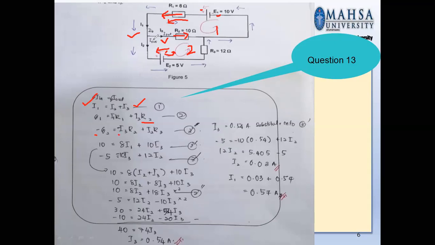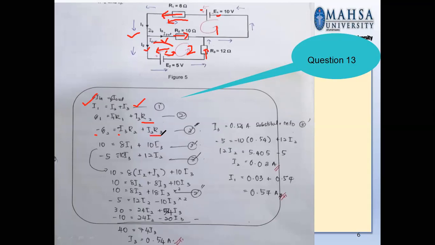I3 is going to the right, your loop is going to the left. That's why you have a negative. You have I3 R2 because I3 goes across R2. Next, you have I2 across R3, so your term becomes I2 R3. Is it clear?